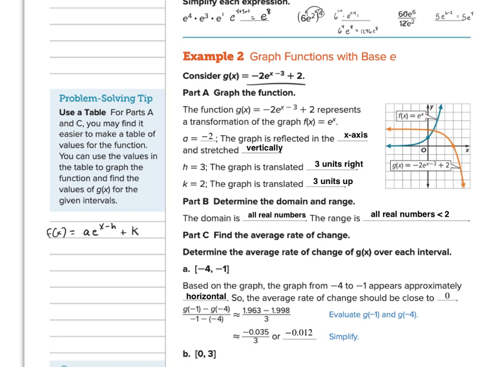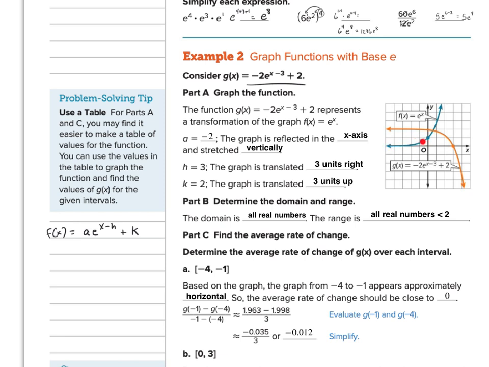And then the domain of my transformation also appears to be all real numbers because it goes forever and ever to the negative, goes forever and ever to the positive x, negative x. And then the range of that parent function, of course, we have an asymptote that occurs at 0.